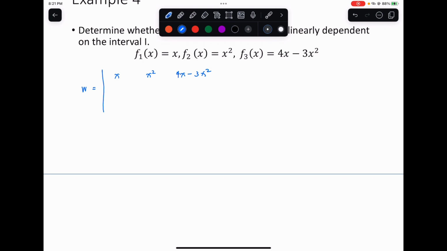Since there are three functions involved, we need three rows as well. To form the second row, we find the first derivative of x, which is 1, and then the third row would be the derivative of 1, which is 0. For x squared, the first derivative is 2x, the second derivative is 2. For 4x minus 3x squared, the first derivative is 4 minus 6x, and the derivative of this is negative 6.